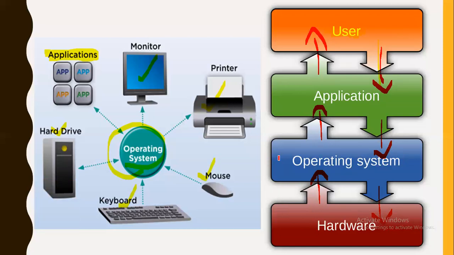So you can see that operating system is acting as the middle layer between the user and the hardware. We, the users, cannot use the hardware in the absence of operating system. In order to interact with the computer or with the hardware of a computer, we must have an appropriate operating system installed on our computer machine or on our laptops.